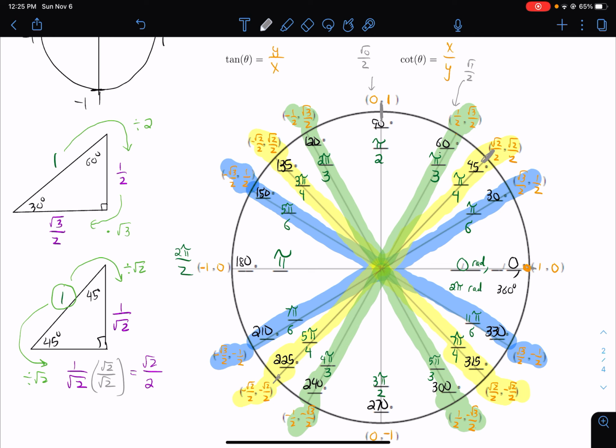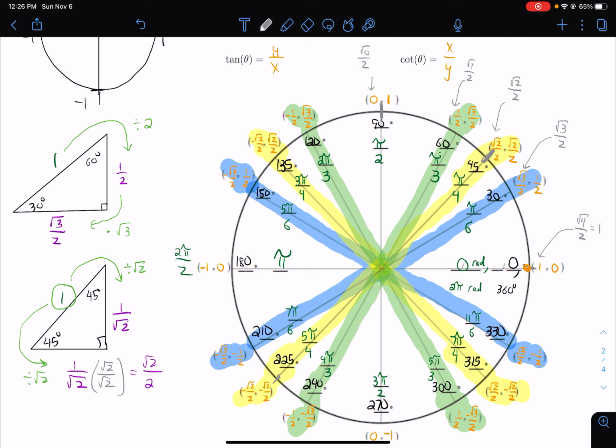I get 1/2. The next one is square root of 2 over 2. And maybe you're seeing a pattern with the numerators now. I just keep increasing by 1 what's inside of the square root. So the next x coordinate is root 3 over 2. And this next x coordinate, if I kept that going, would be square root of 4 over 2. But square root of 4 is 2, so this simplifies to 1, which is what we have.